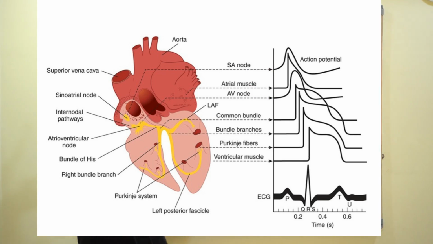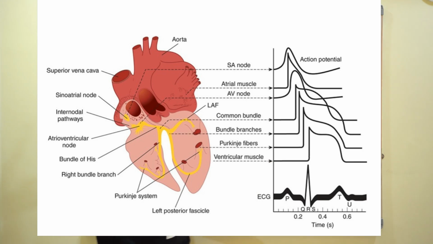Now because of this potential in the SA node which is generated, that results in an action potential in the atria. Can you see that? Yes. And also because this pacemaker potential travels through the conductive tissue, it is now going to generate an action potential in the ventricle as well.